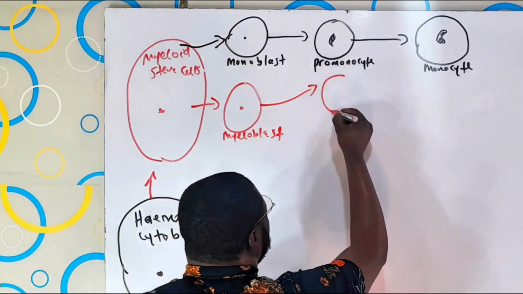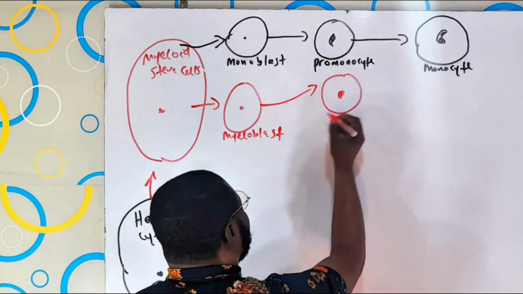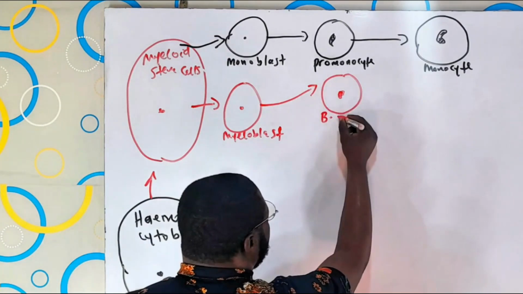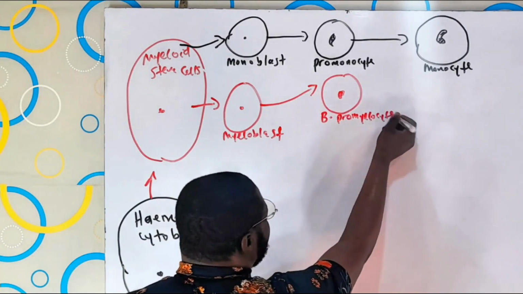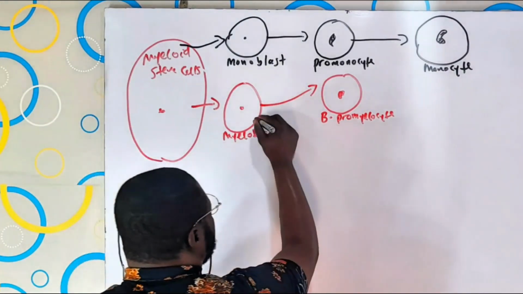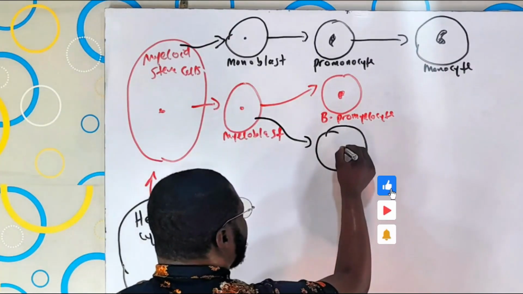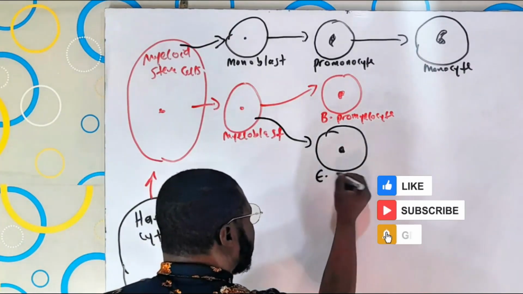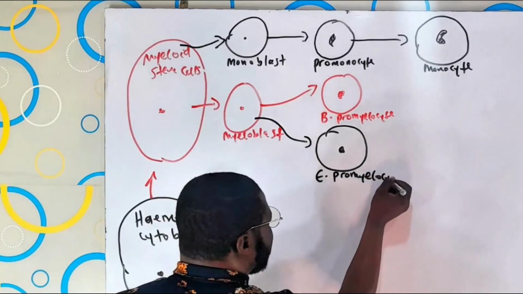The first one is called the what? The first one is called the basophilic promyelocyte. And then it can also divide to become eosinophilic promyelocyte.